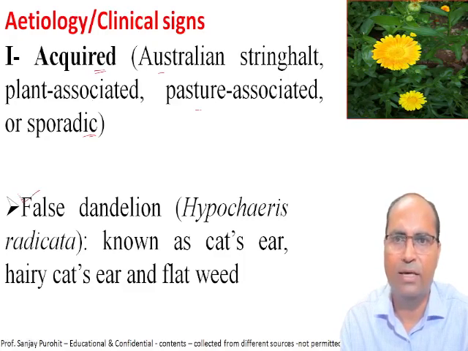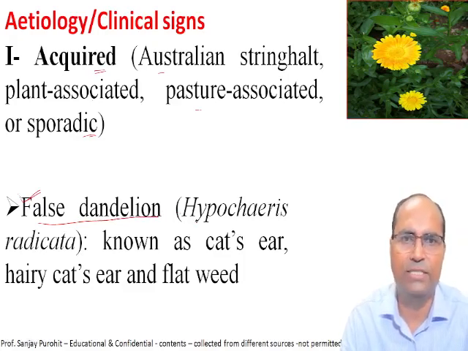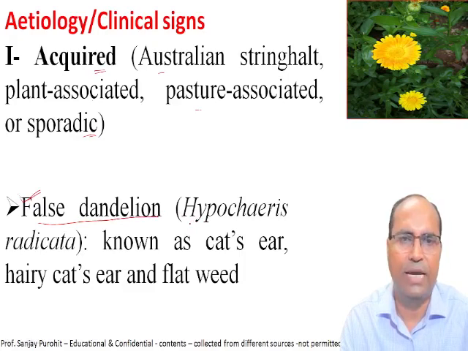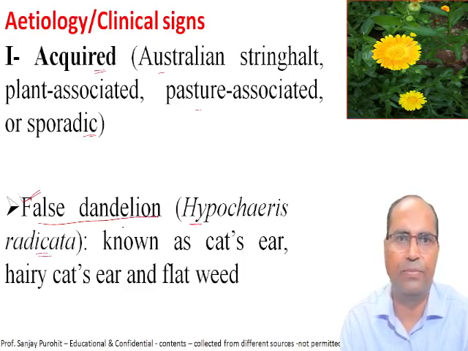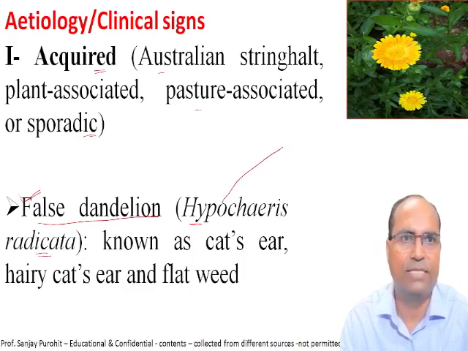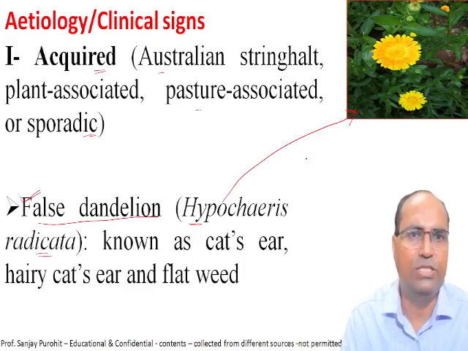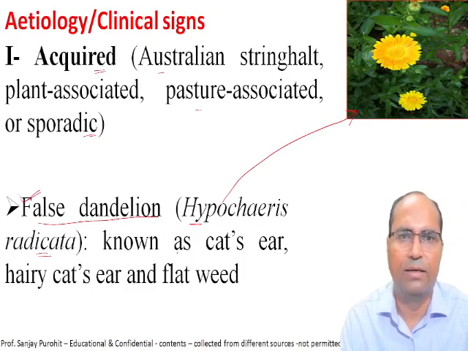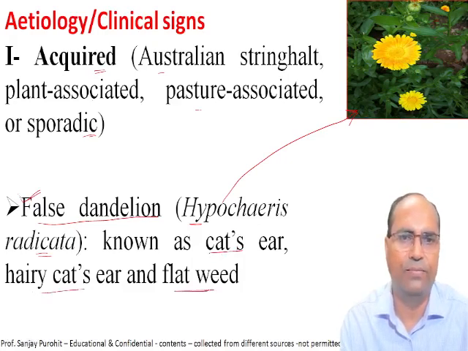Acquired Stringhalt is caused by ingestion of false dandelion. The scientific name of false dandelion is Hypochaeris radicata. This is the plant of the false dandelion, also known as cat's ear, hairy cat's ear, or flatweed.